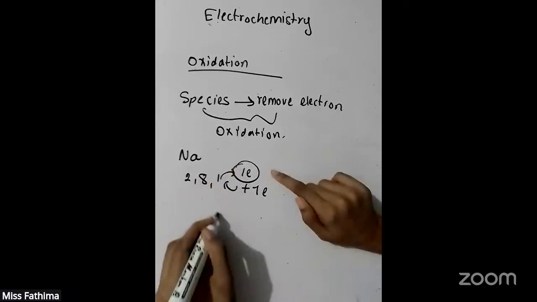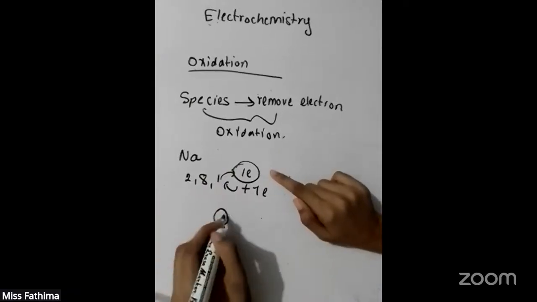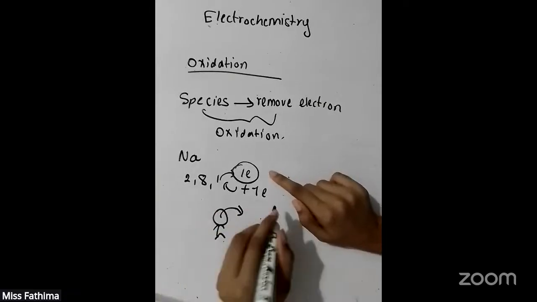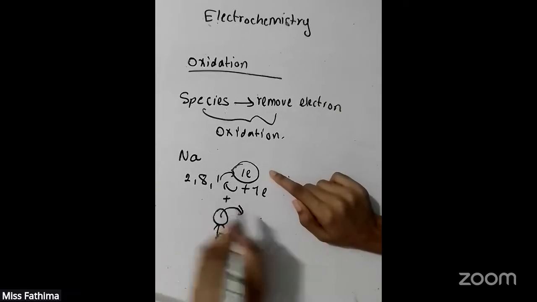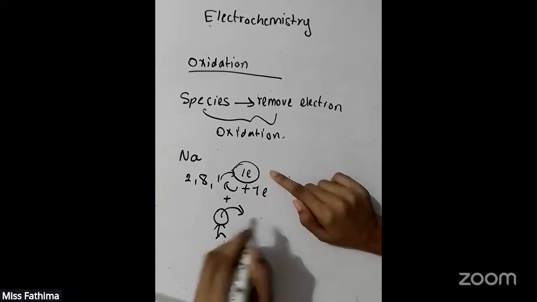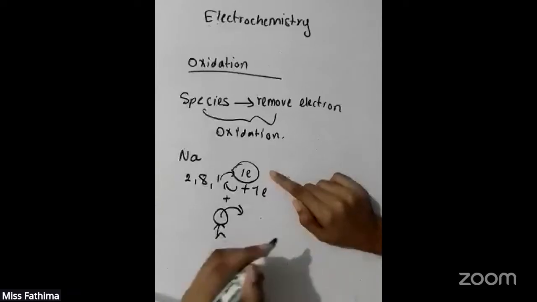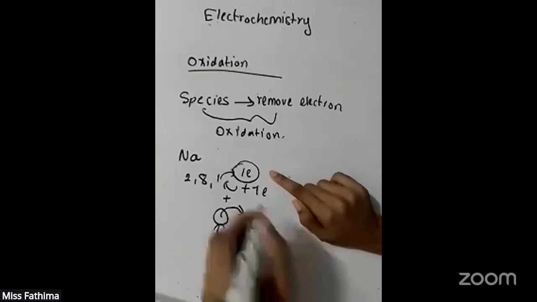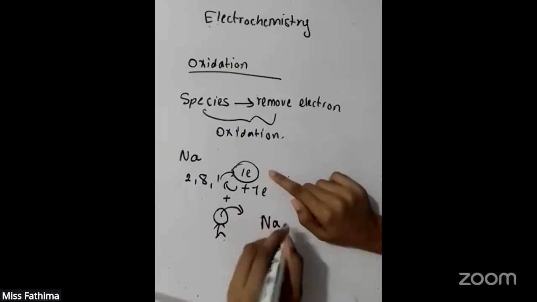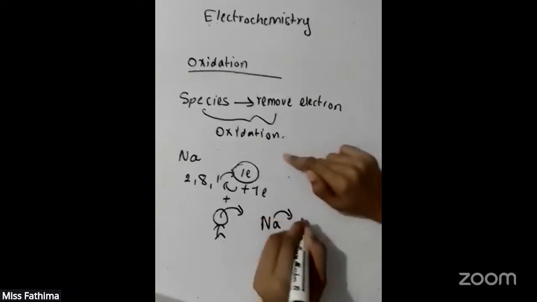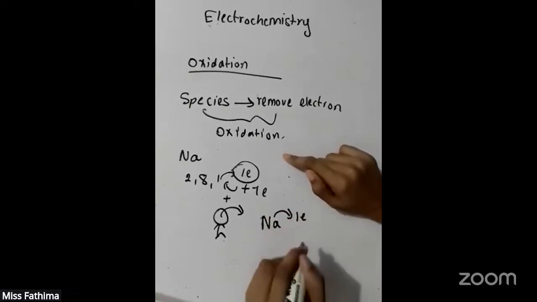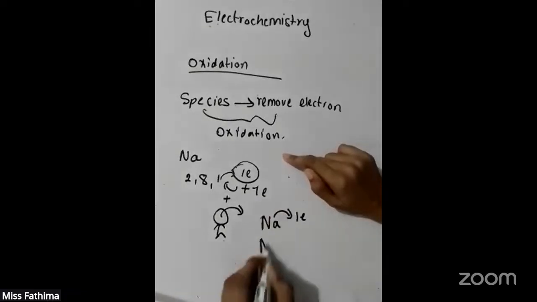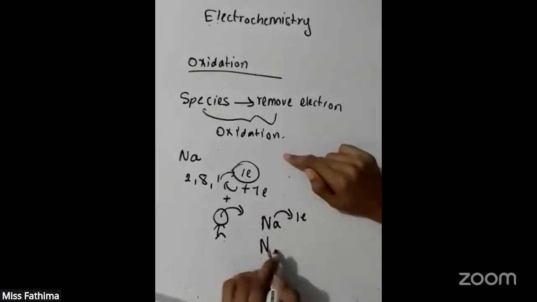Therefore, if a species removes an electron, it removes the negativity, and it will become positive. Okay, if you are removing the negativity from your brain, you will become a positive human. Similarly, if an atom removes an electron, it will become positive. The atom will become a positive ion.